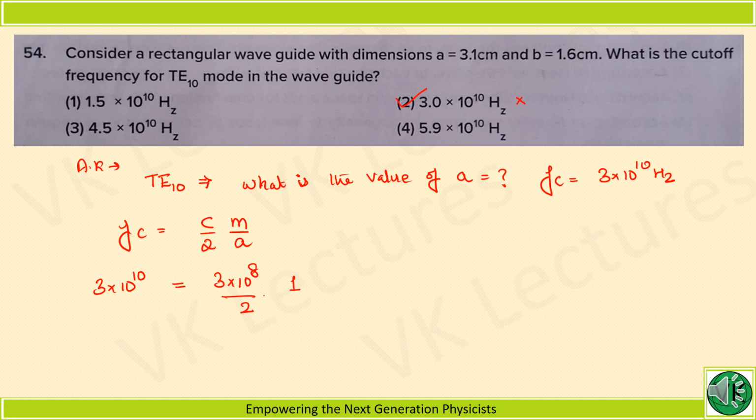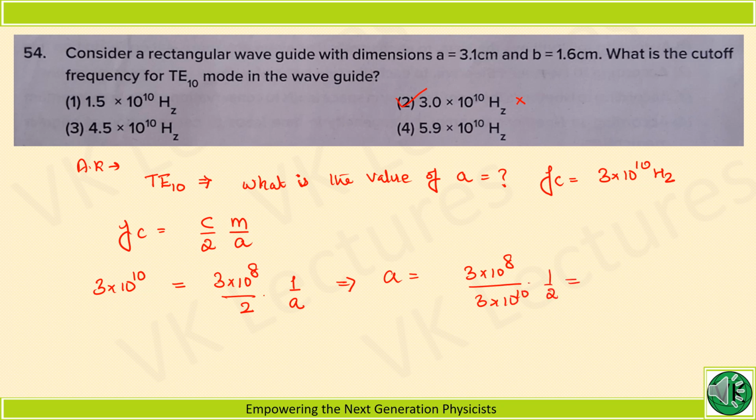We don't know a. So from this, a equal to 3 into 10 to the power 8 divided by 3 into 10 to the power 10 into 1 by 2.